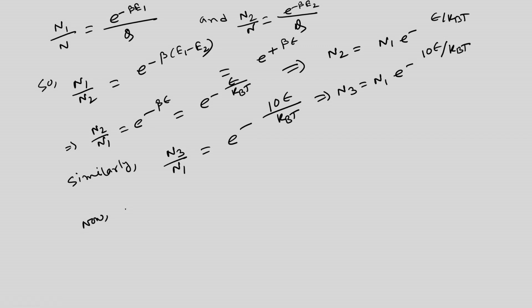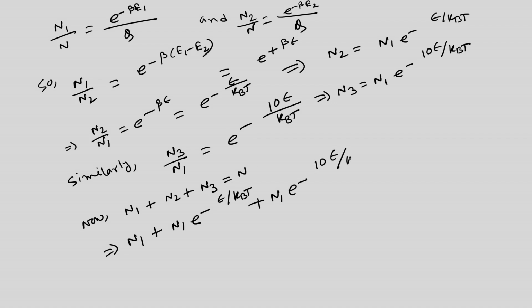Now, N1 plus N2 plus N3 equals N. So, if we substitute the values of N2 and N3 here, we get N1 plus N1 times e to the minus epsilon by kBT, plus N1 times e to the minus 10 epsilon by kBT.